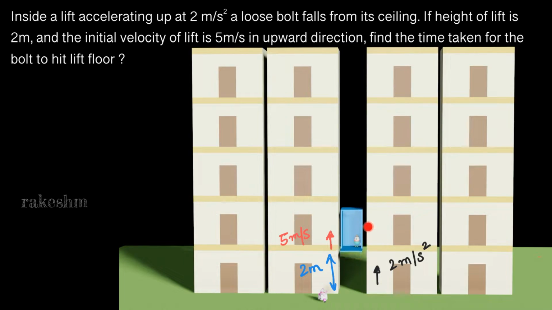So the lift is going up. A loose bolt starts falling from the ceiling and falls to the lift floor. We need to find what time does this bolt take to fall to the lift floor.